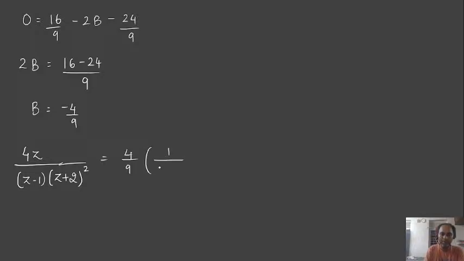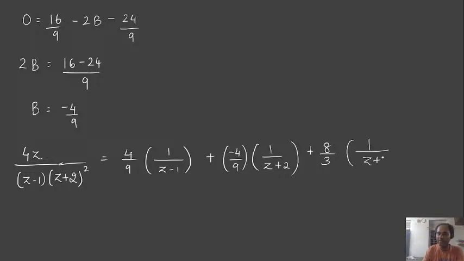times 1 over z minus 1, plus the b value we have already got in the above part, which is minus 4 by 9 into 1 over z plus 2, and then the c value we have got is 8 by 3, that is 1 over (z plus 2) the whole square.